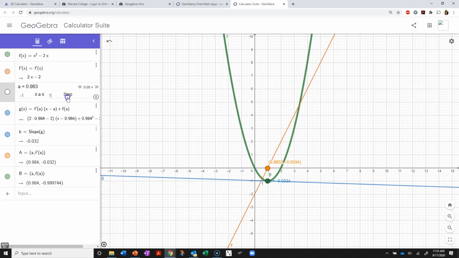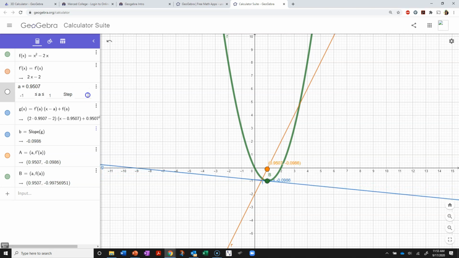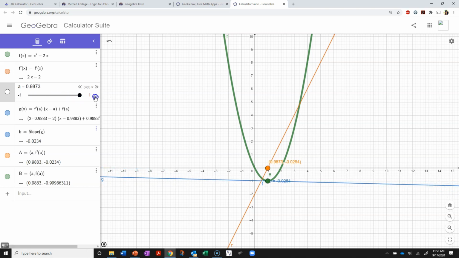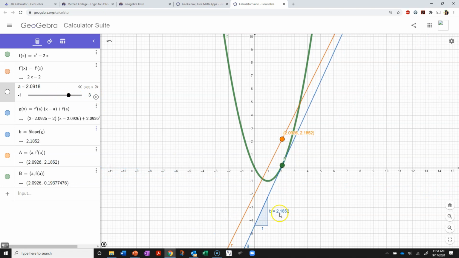Let's move this up. Having some technical difficulties here. There we go. We can see the slope of the tangent line in blue down here matches the y value of the point on the derivative function.